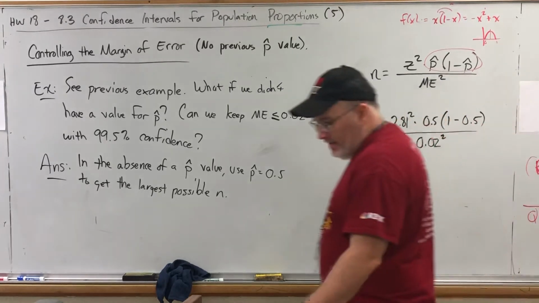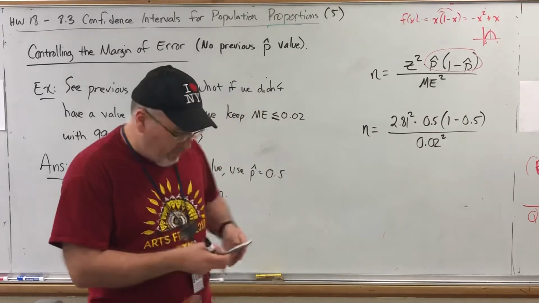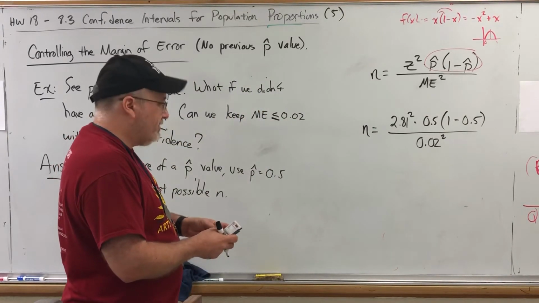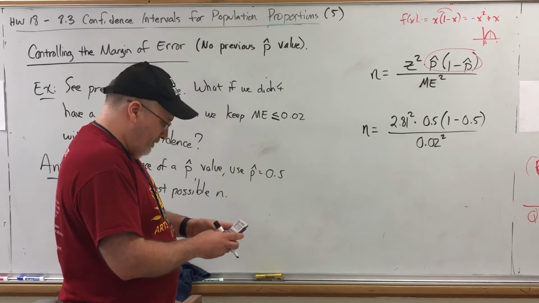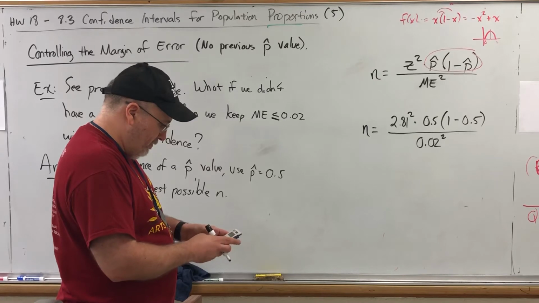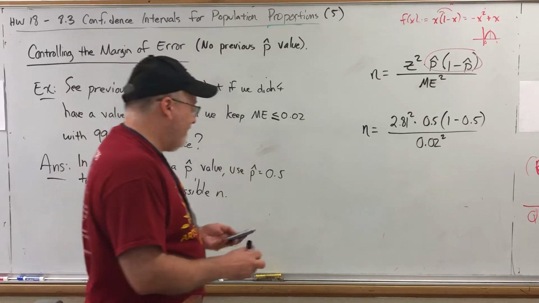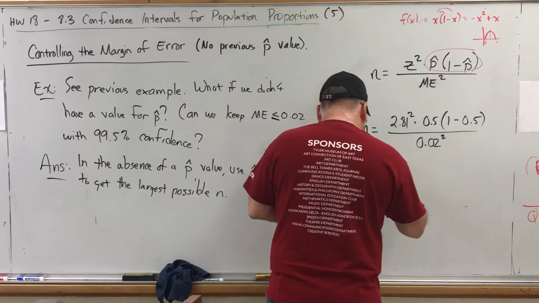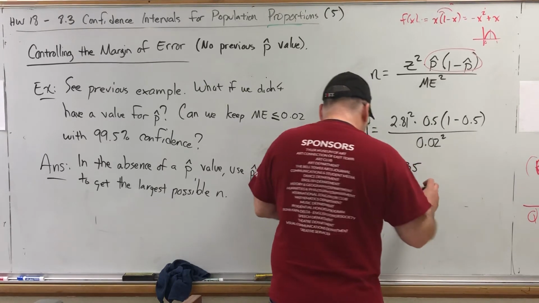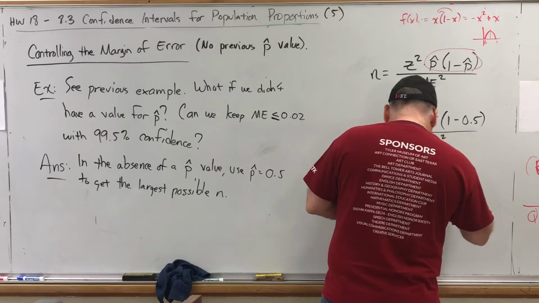So all that would go into a calculator, and then something would come out. All right, so give me a second to multiply this. I get exactly, no rounding, 4,935.0625.